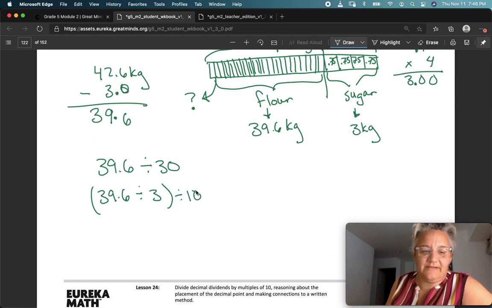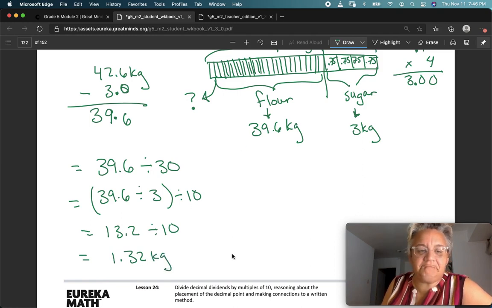Is that a little bit better? Okay. So now 3 goes into 3 one time, 3 goes into 9 3 times, 3 goes into 6 2 times. Okay, so that's that answer. But I still have to divide that by 10, which means 1.32 kilograms per bag of flour.